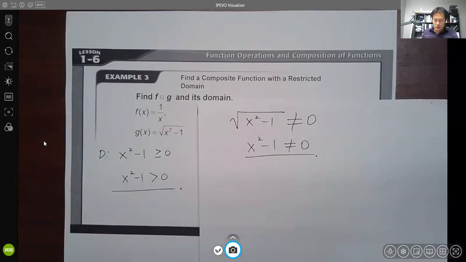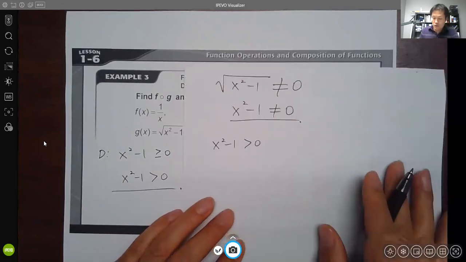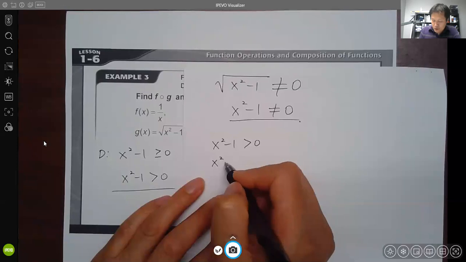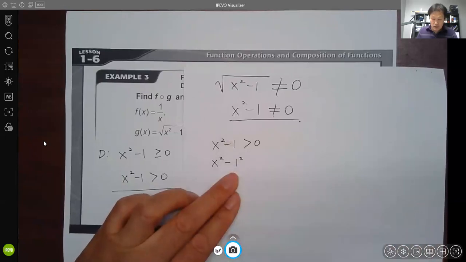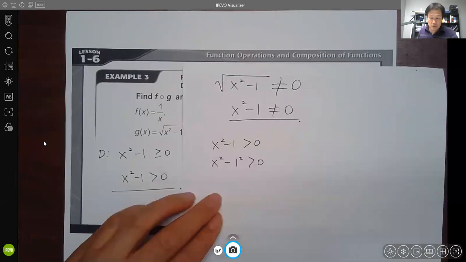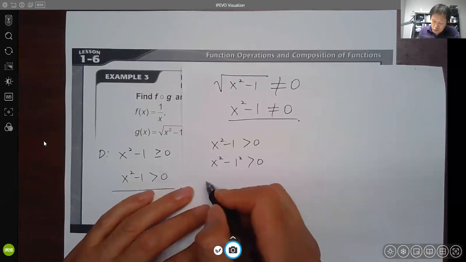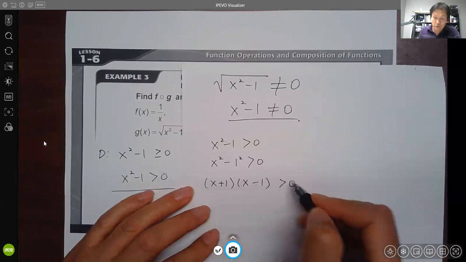Then you have to solve for x. So x squared minus 1 greater than 0. I'm using the same formula, x squared minus 1 squared, because 1 squared equals 1. This is exactly the same style as the very first question we did at the very beginning of this chapter. So you can do x plus 1, x minus 1 as a factoring.